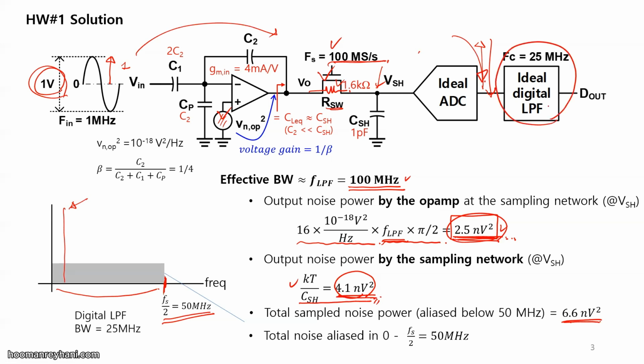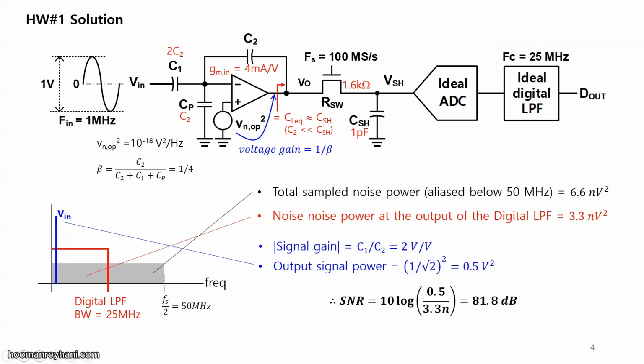And then what? We have a low-pass filter. So if we apply this low-pass filter with 0 dB gain, then, well, actually I need to draw the low-pass filter like this, right? 0 dB. Anyway, if this part goes through the low-pass filter, then what we only get is this much noise, half of the earlier entire noise. And the signal, because it's within the low-pass filter's bandwidth, stays there, right?